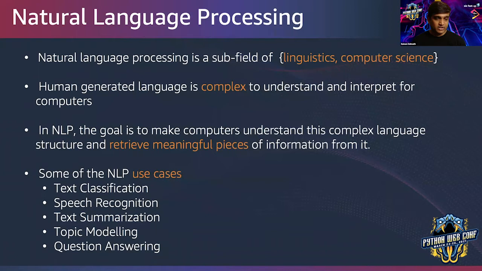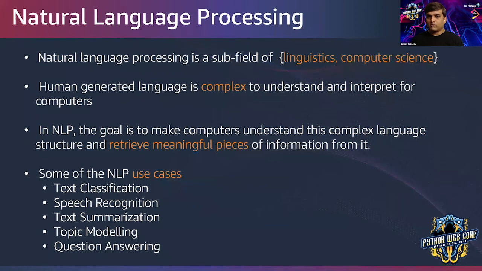Because you understand English, you understand how a human talks, so you can get that context. But think about how a machine can be trained to understand that language. That is very difficult, and we have many different use cases like text classification, speech recognition, text summarization, and these are all things we use on a day-to-day basis.